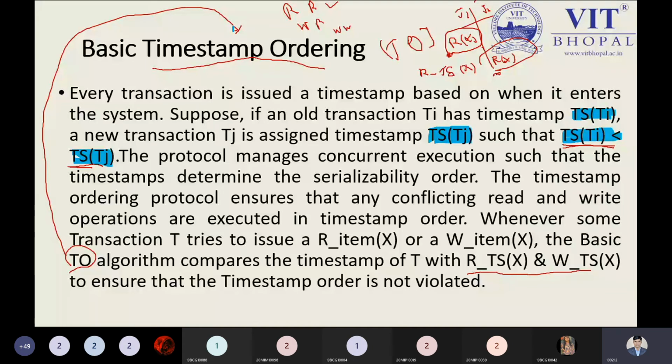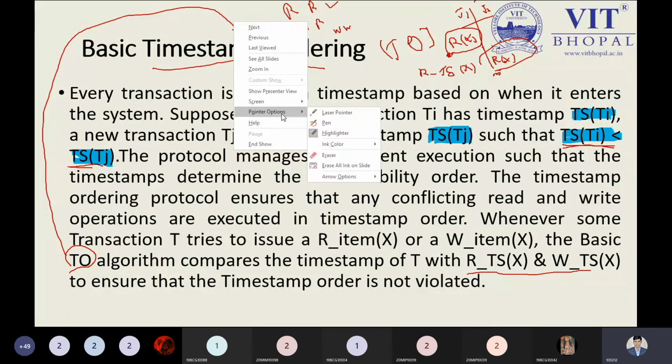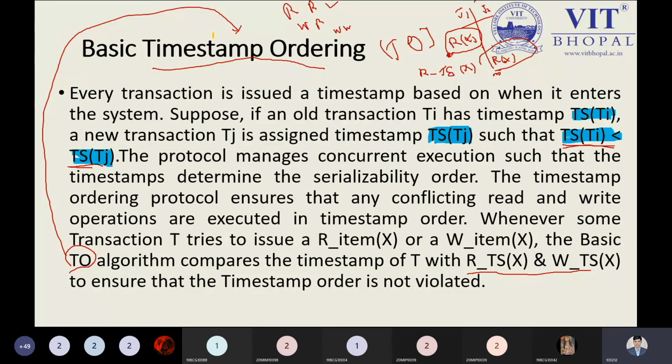This is known as the TO algorithm, where TO means timestamp ordering algorithm, because it determines which timestamp-based operation executes first.